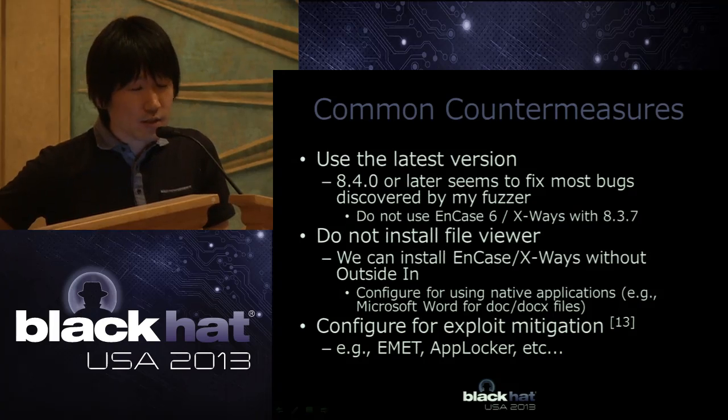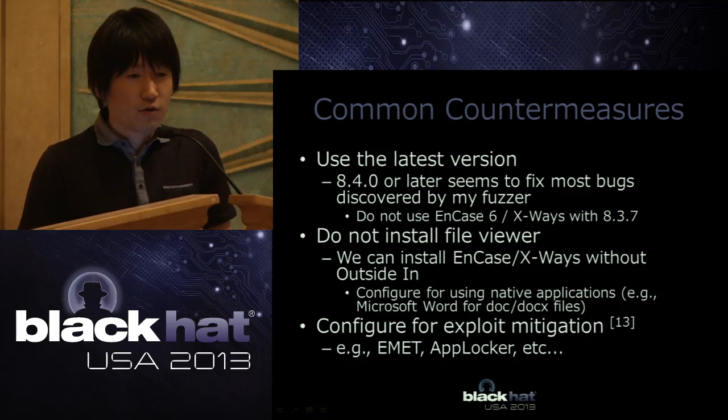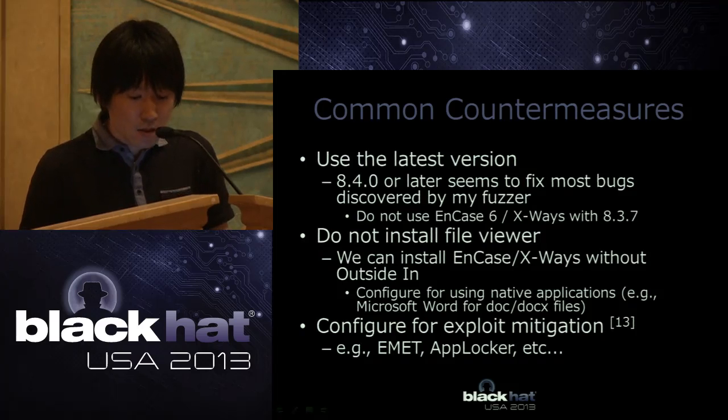As common countermeasures, I recommend to use the latest version of Outside In. Because 8.4.0 or later probably seems to fix all bugs except the infinite loop DoS bug discovered by my father. If you want to use NK6, you can choose an installation without file viewer.